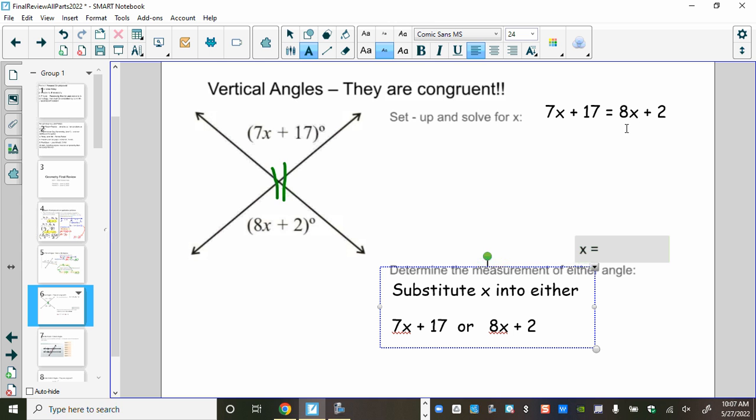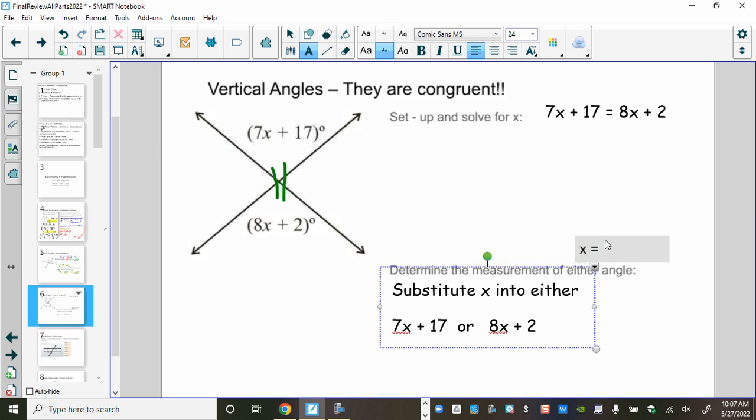We got 15. Hold on. Let's see what happens. No, you don't have to divide by 2. It's just 15, because once you get the minus 2, that just became 15. That minus 2 is gone.